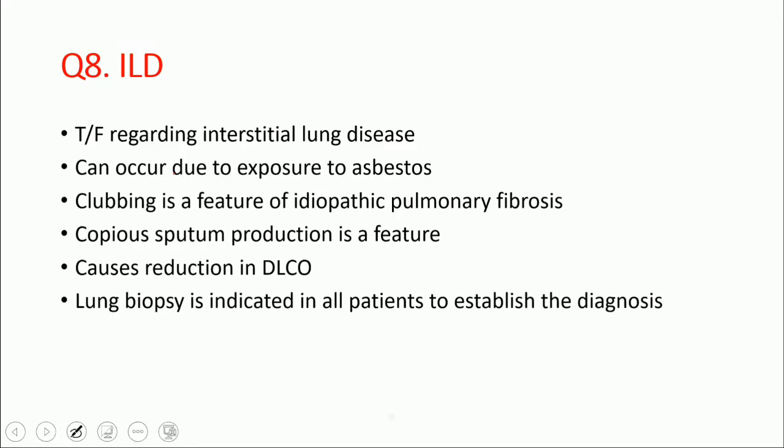And because of the fibrosis occurring in the alveolar capillary membrane and the interstitial compartment of the lung, gas diffusion is affected. Reduction in DLCO is a feature then. So they have a restrictive pattern in lung function test plus a reduced DLCO because the gas diffusion is affected.